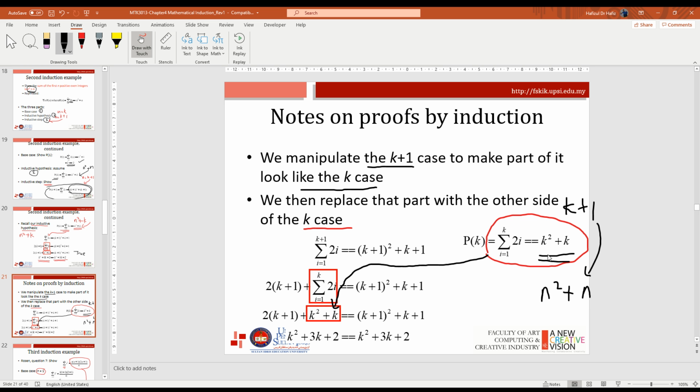Okay, k power of 2 plus n. So we replace this one by using the statement, 2k plus 1, so the total is the same.